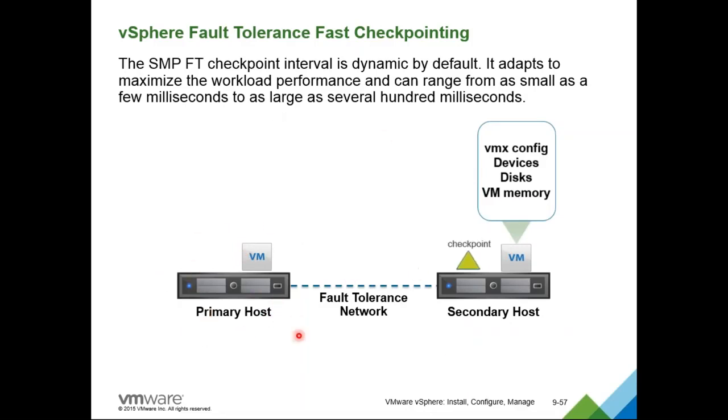But in the fault tolerance concept, there is no need to wait for a migration process, because your virtual machines are located on both ESXi hosts along with your VM config file, disk file, and memory file. Only the temporary task process is transferred using the fast checkpoint feature, which is dynamically enabled by default, and every second it will update whatever tasks are changing here.